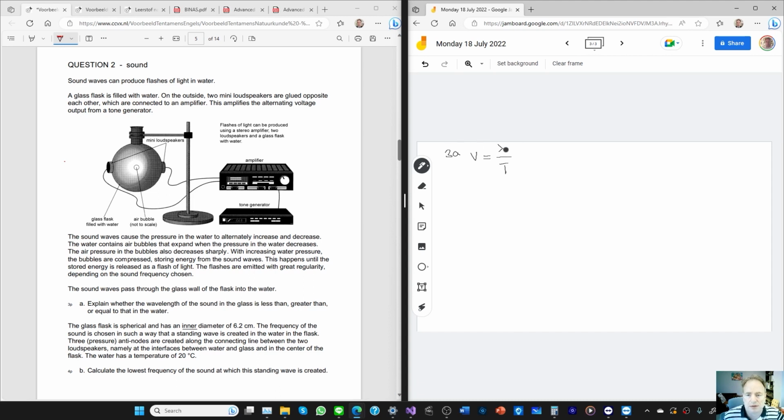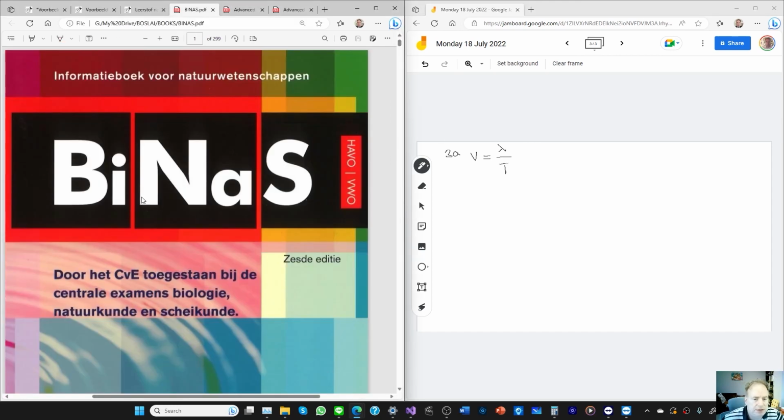So the wavelength is proportional to the speed. So then let's figure out for glass and water what the different speeds are. So we go to the Binas book for that.